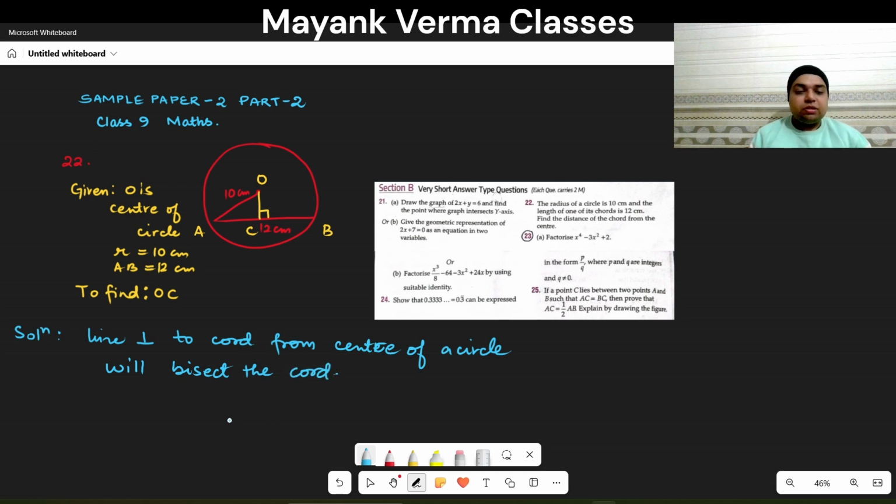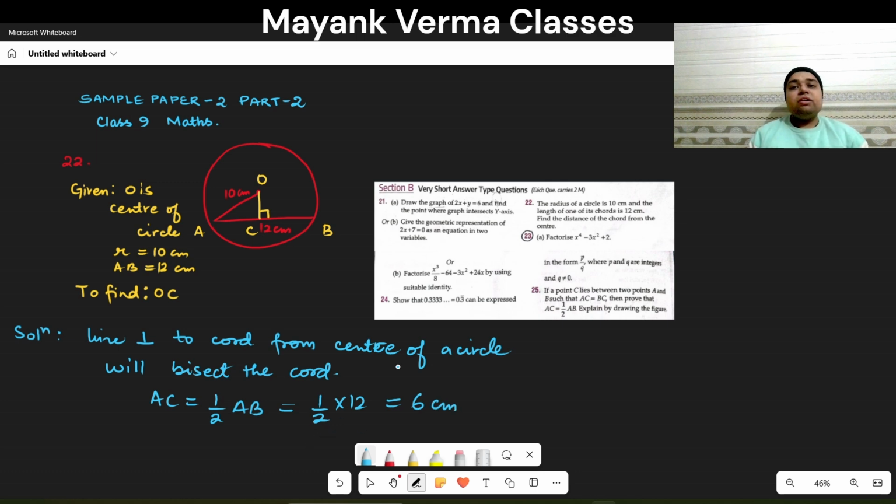This is the theorem which we are going to use. So I can say that AC is equal to half of AB. So that means half of 12, so it will be 6 centimeters.